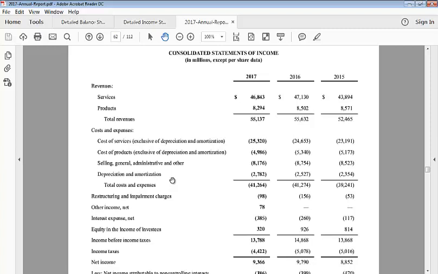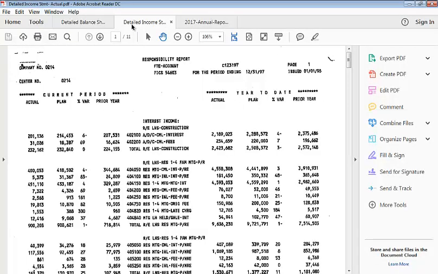But if you were working for Disney and you were analyzing their financial statements, you would have a lot more detailed information. Now, I don't have Disney's detailed financial statements, but I've got some here from an actual bank, and banks are a little bit different, so we're not going to see the same types of revenues.